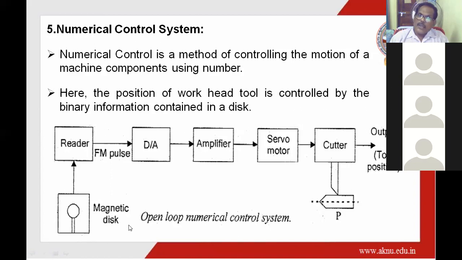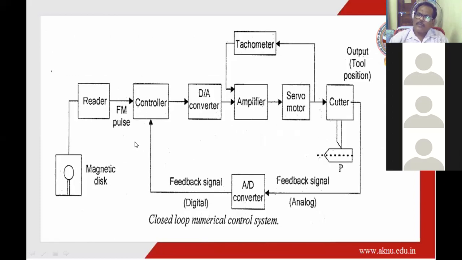Sometimes we take the numerical value from a magnetic disk and the radar. The output of the radar may be a frequency modulated pulse, and it is converted into the analog format, amplified and given to the servo motor. This is nothing but an open loop system.